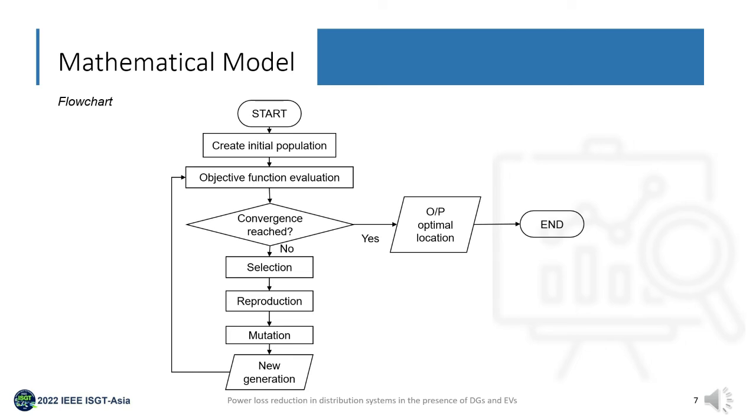If there is no convergence, then a series of processes is followed: selection, reproduction, followed by mutation. So the next generation would be produced, and again the objective function evaluation will take place. This will continue until convergence is reached. Once it is reached, that output would be our optimal location.